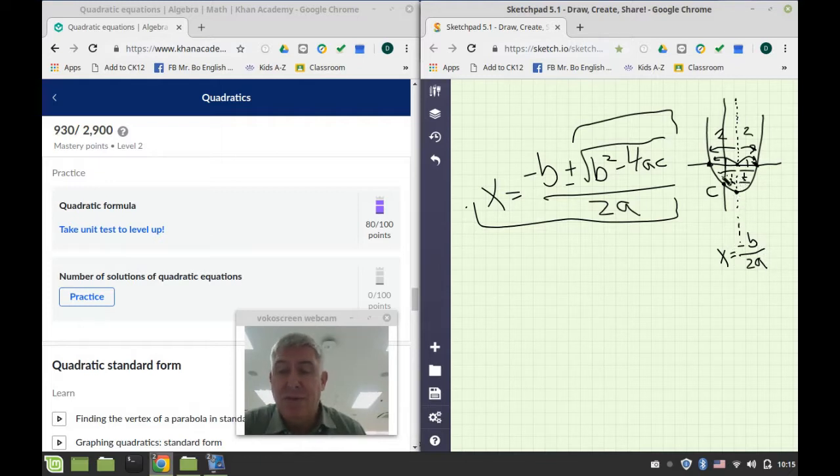And the other thing that we can do is what we're going to practice today, which is the number of solutions of quadratic equations. And you can see if this is a positive real number, then we have 2.